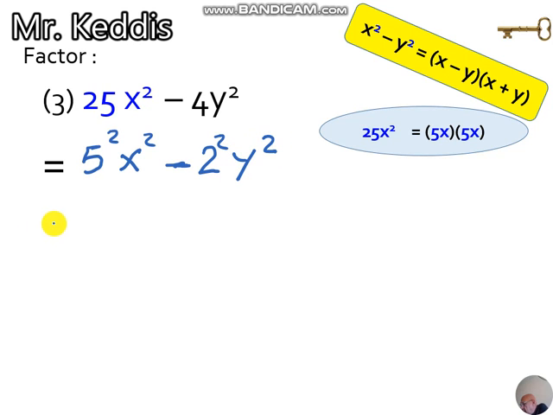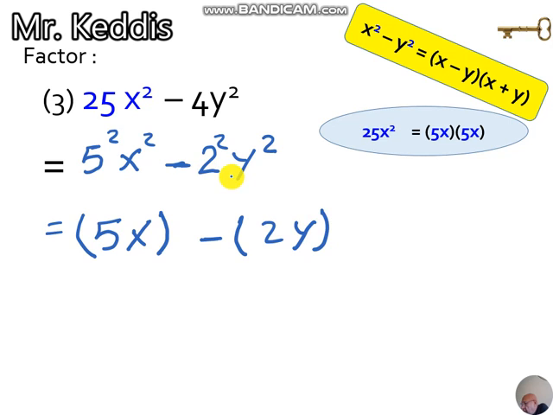I can write this, equal under equal, as 5x quantity squared minus 2y quantity squared. Because 5x times 5x gives 25x squared, and 2y times 2y gives 4y squared.